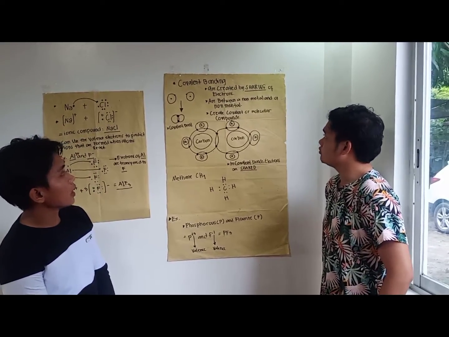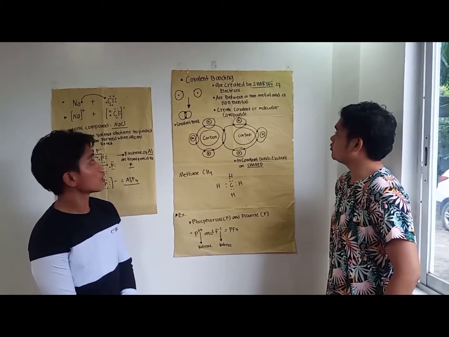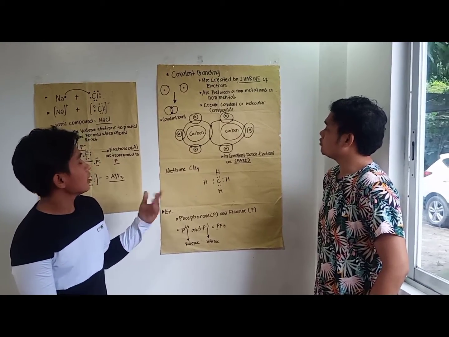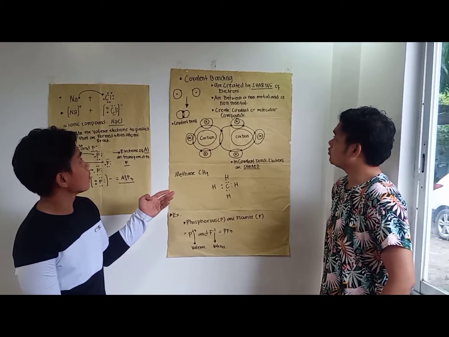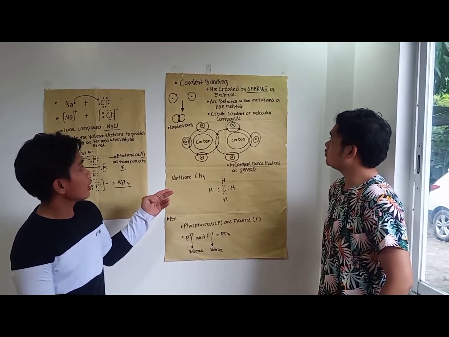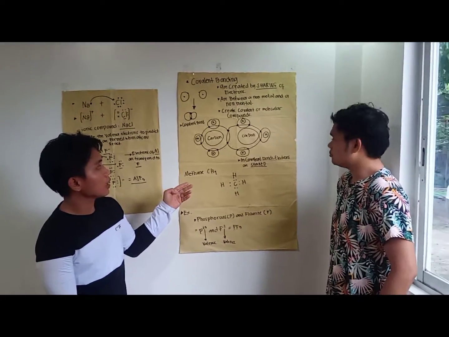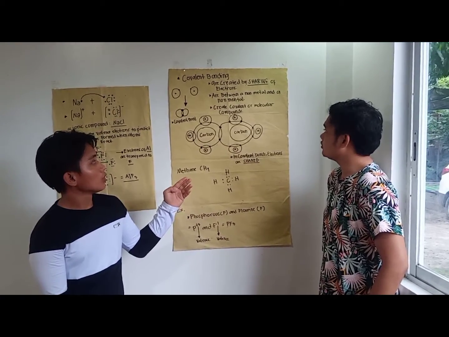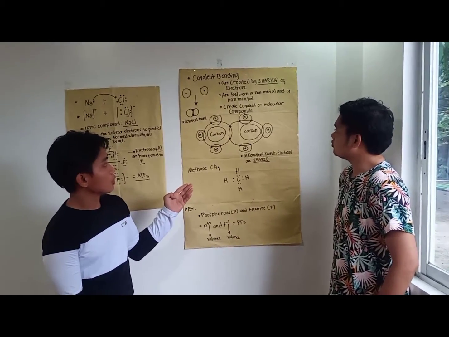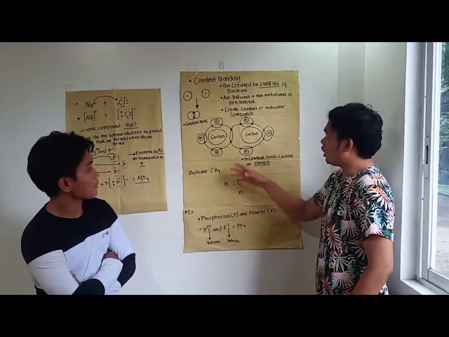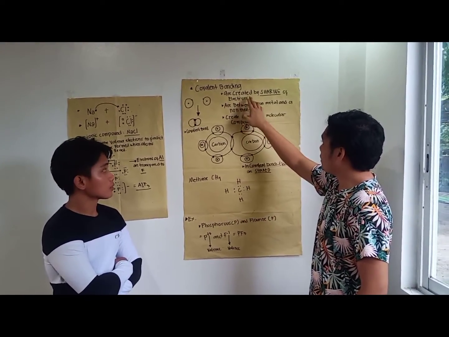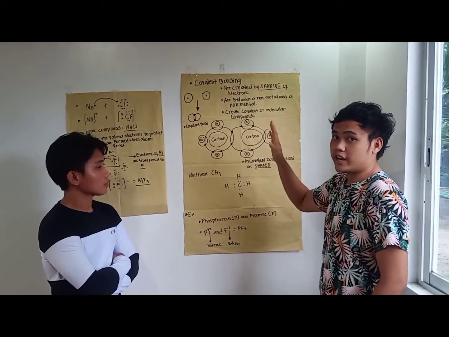The difference between covalent bonding and ionic bonding is that they share electrons between non-metal and non-metal. Covalent bonding is created by sharing, and by the word sharing, we share electrons.